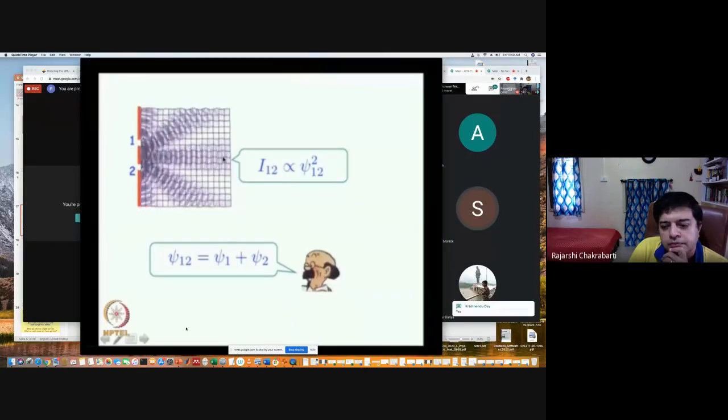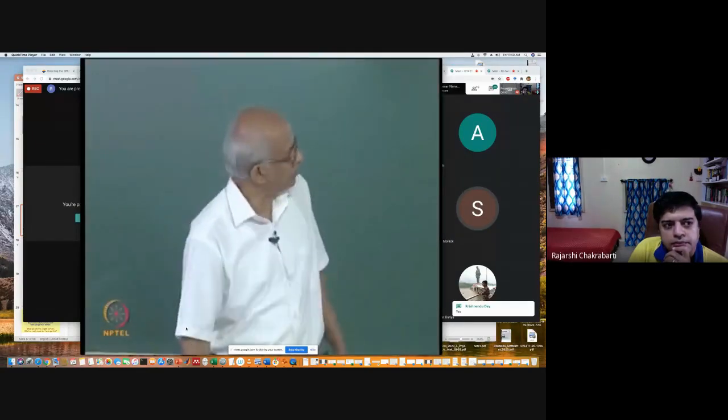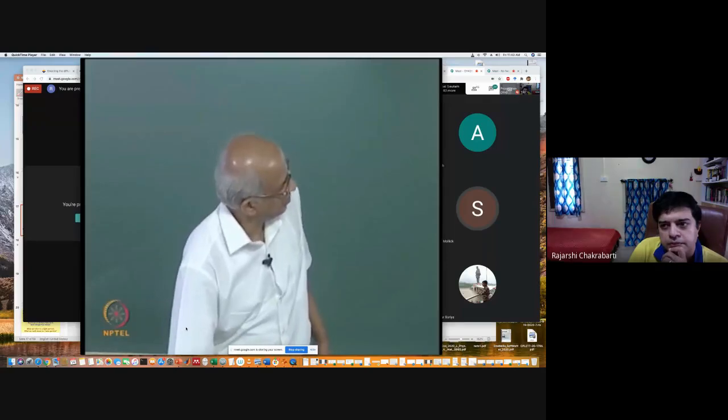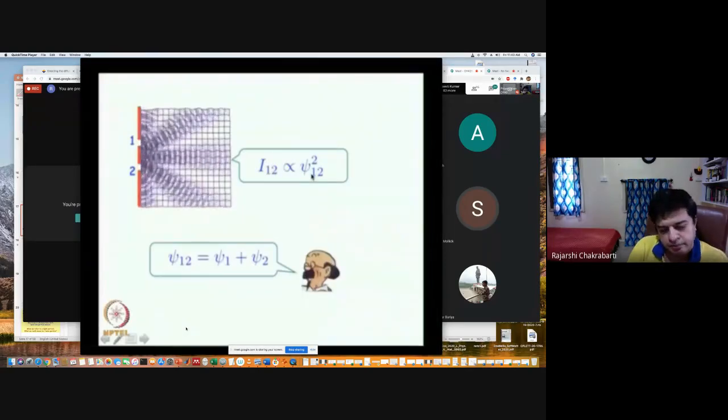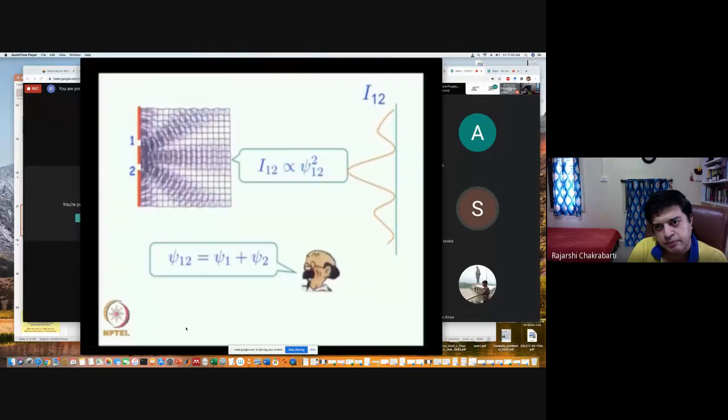The intensity, as you know, depends upon the square of psi. So naturally, if psi has a small value, intensity also has a small value, and that explains how you get this particular interference pattern that we saw earlier. So this is the pattern that you will get.